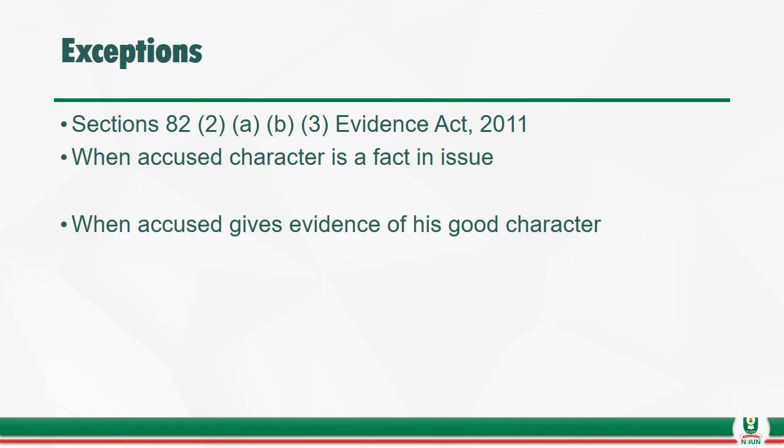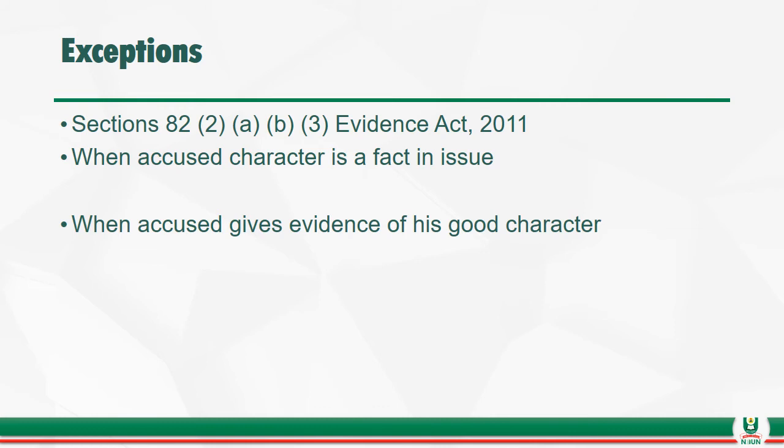Particularly, let's look at section 82 subsections 2 A and B and subsection 3 of that particular section, when the accused's character is a fact in issue. Whenever the accused's character is a fact in issue, then the accused's character is admissible in court, and in that circumstance the accused's character is relevant.